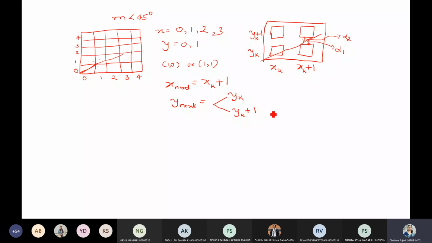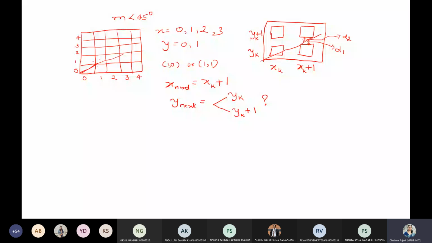Is it clear till here? Whatever algorithm we are doing, it is to decide whether I have to increase my y value or go ahead with the previous value. This decision you make by using the Bresenham line drawing algorithm.